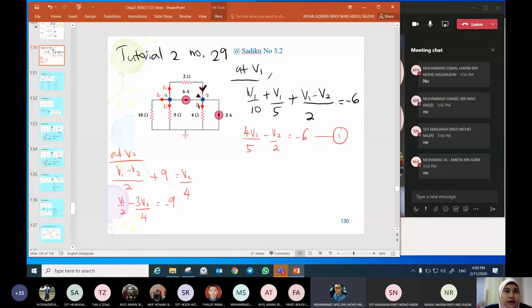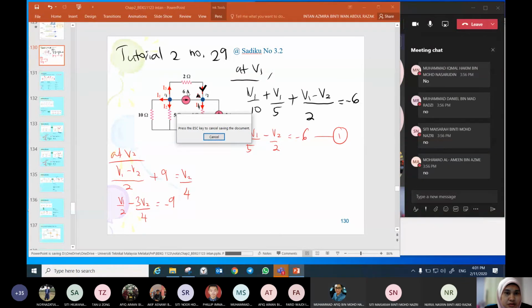At this branch we have only one current, I3. At node V1 there are 4 branches, so 4 currents. The current towards the 6 A current source from V1, how much is it? This one is 6 A coming out from V1.